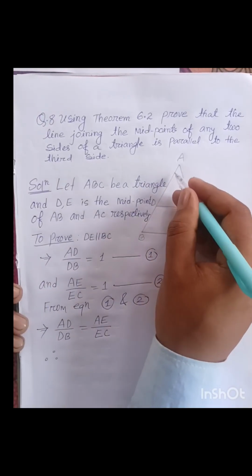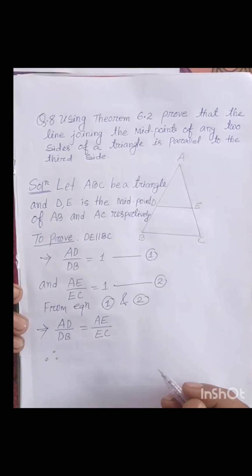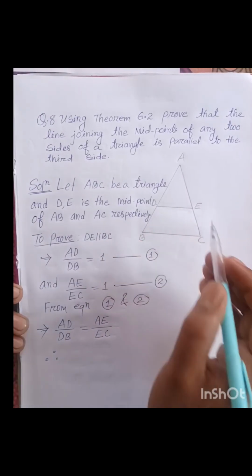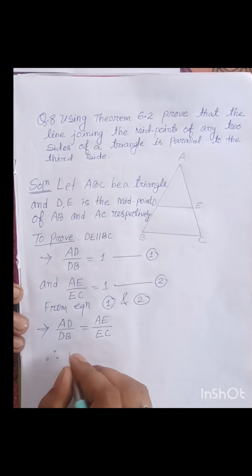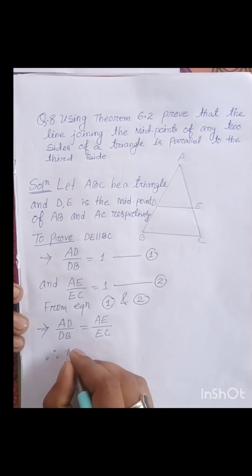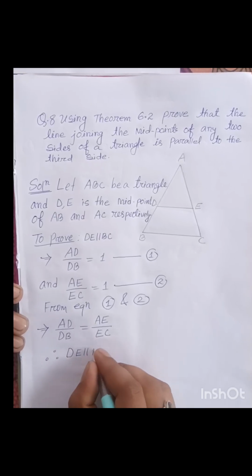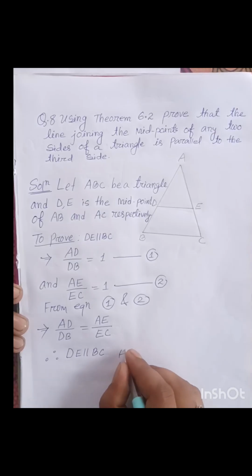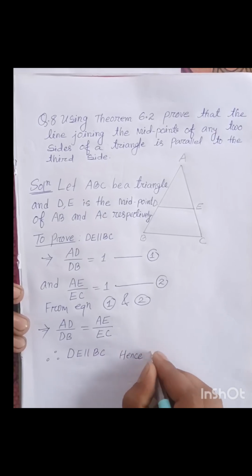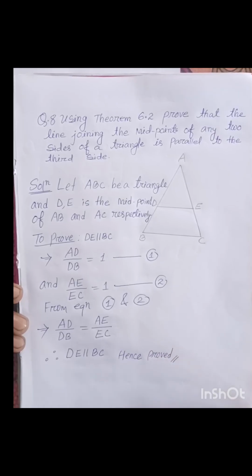If this triangle's two sides' ratios are equal with each other, then I can say this DE line is parallel with BC. This is the converse of Thales theorem. So, therefore, DE is parallel with BC. This is the converse of Thales theorem. Hence proved. Finally, I have completed the answer for this question.